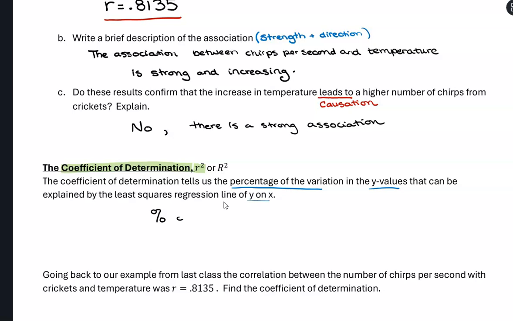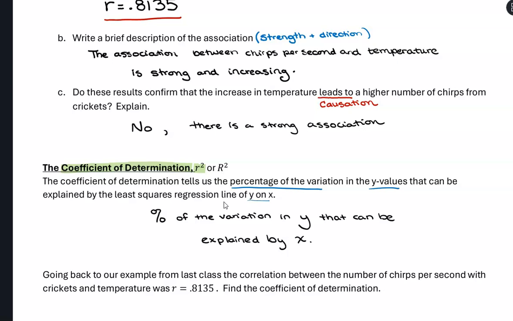So it's the percent of the variation in y that can be explained by x.